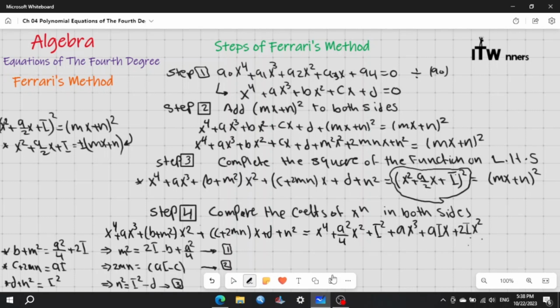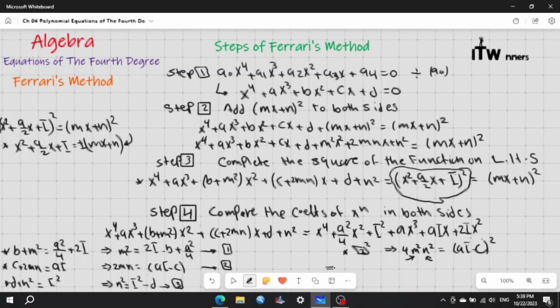Okay, now we have to square both sides of number 2. So 2 squared will be 4 m squared n squared equal to (ai minus c) squared. And from 1 and 3 we can substitute with m squared and n squared.